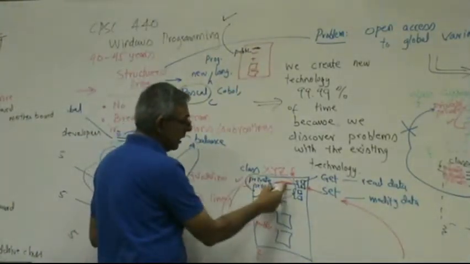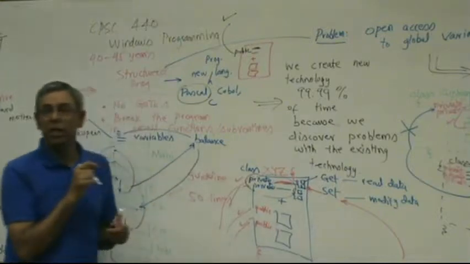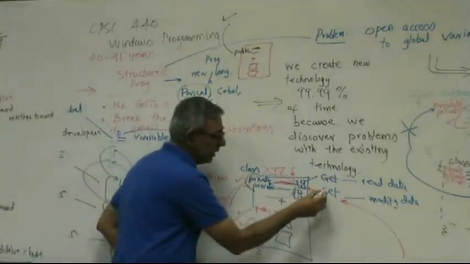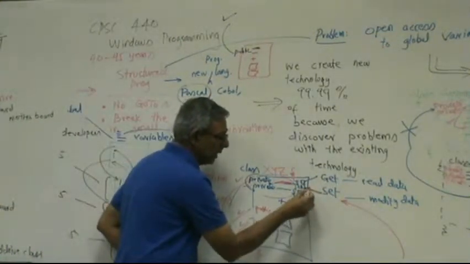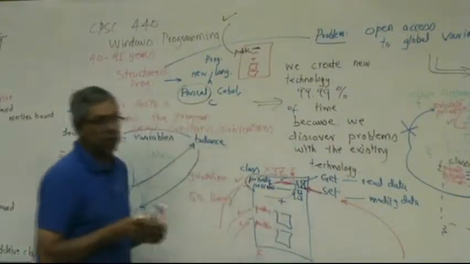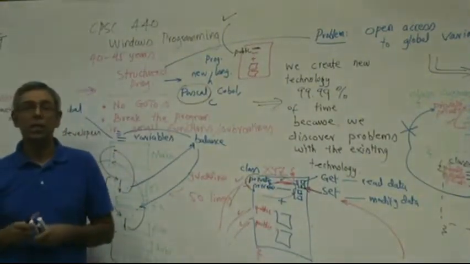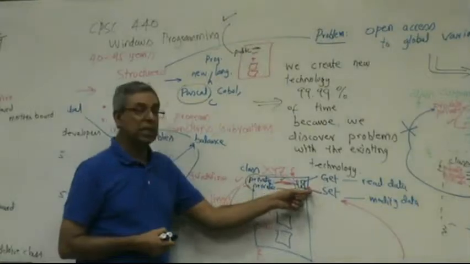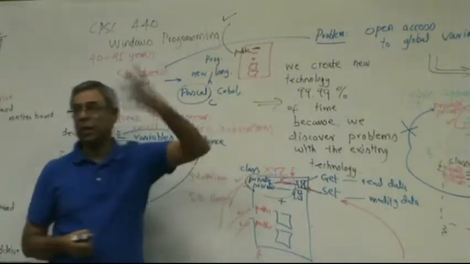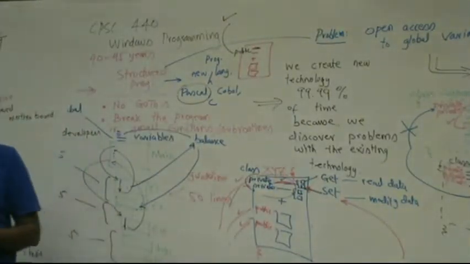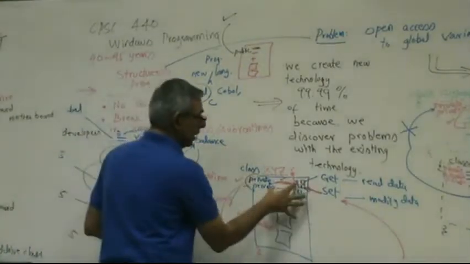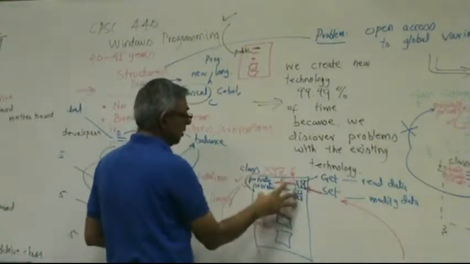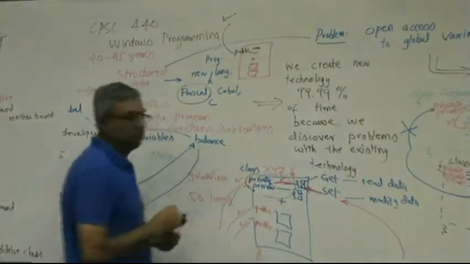In the second case, we are keeping the data private, but through a tiny set function, we are allowing this to be modified. So the question is, why even write a set function? Why not just make it public, let somebody modify it? What's the difference between this approach and this approach? They both allow you to modify the data.